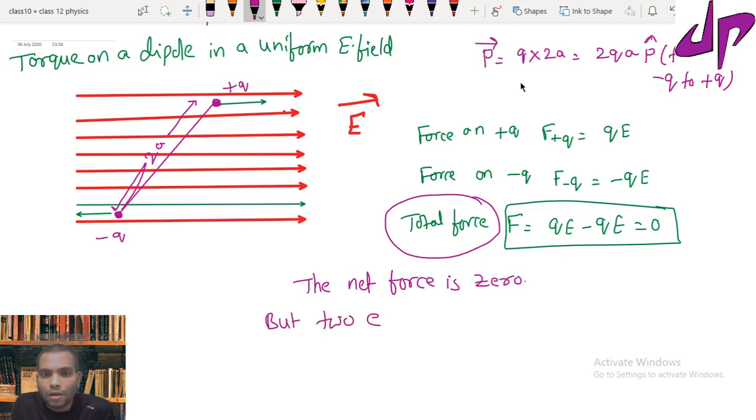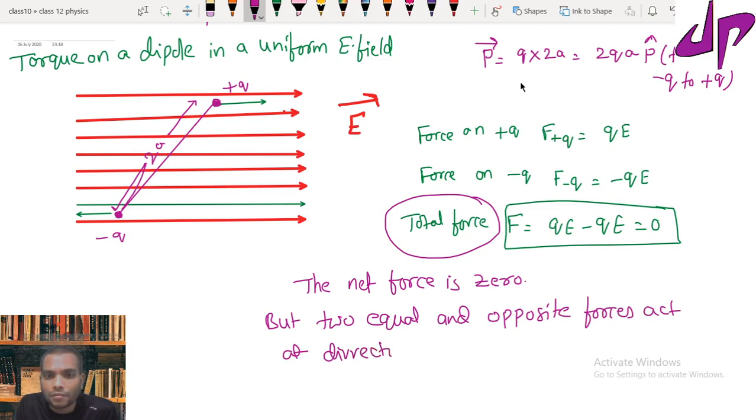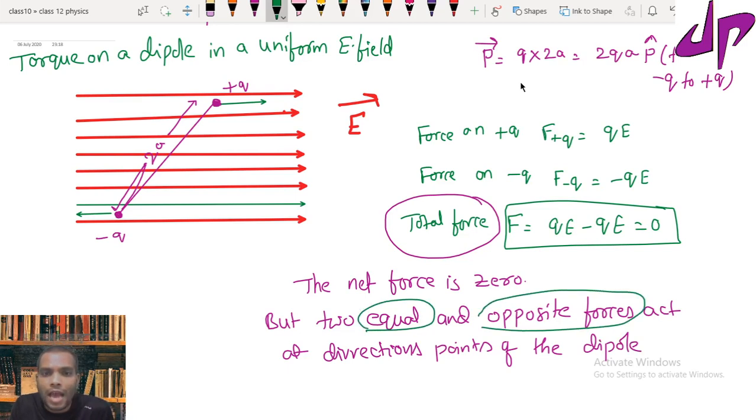But two equal and opposite forces act at different points of the dipole. Yeah, this is the key point. Two equal and opposite forces act at different points on the dipole.